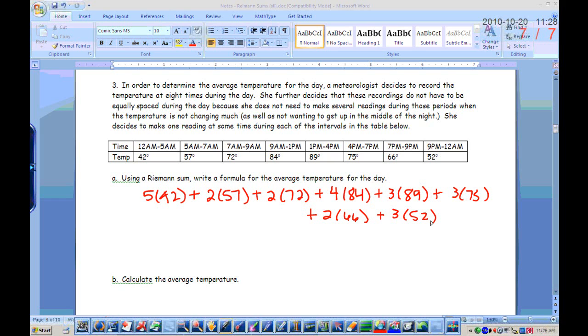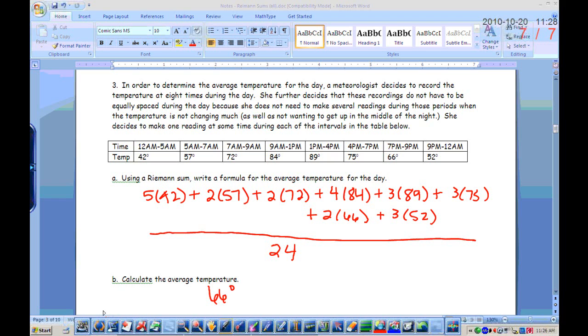All right, will that give me the average temperature? I need to divide by what? 24, right. Because basically I added up all of the temperatures throughout the day, and since there are 24 hours, I need to divide by 24. All right, turns out it's 66 degrees.